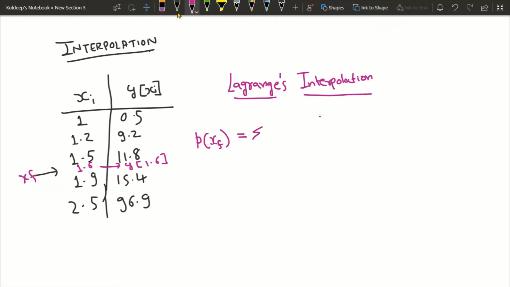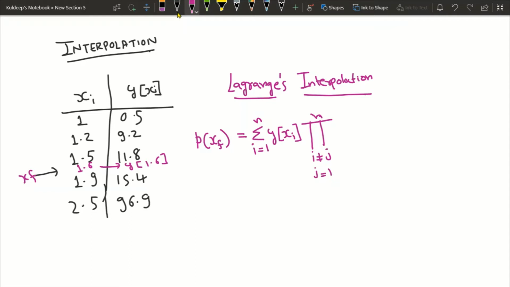It is equal to summation of i is equal to 1 to n. I am defining this as x1. It can also be defined as x0, but since Mathematica takes the first element of the array as 1, I am using this, and I will write here y of xi, and then there is a product for j not equal to i, and j will also vary from 1 to n.